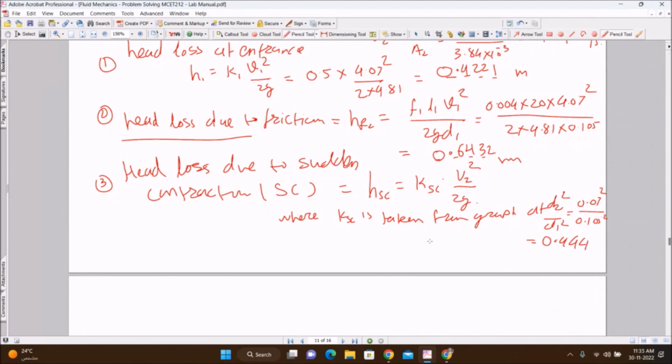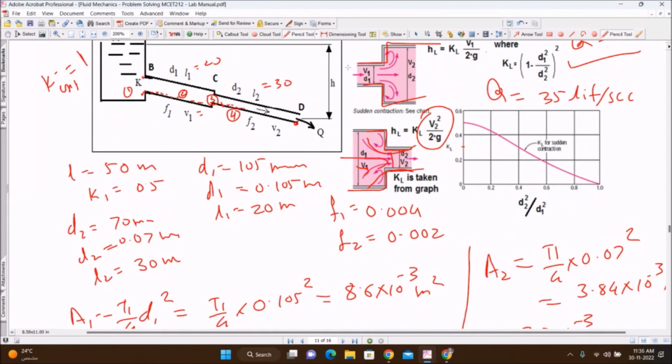Okay, so go to the graph and find out. From the center point, this is for the ratio 0.44. Go up vertically, exactly vertically, and it will cut the curve here.